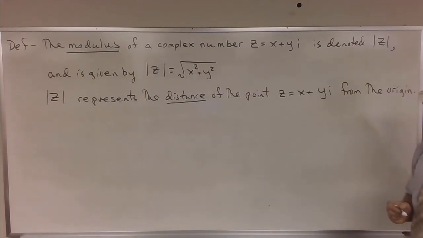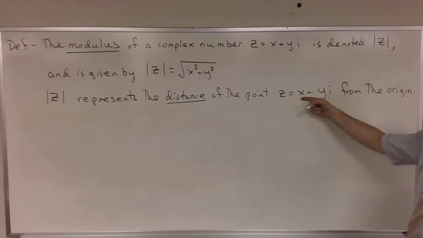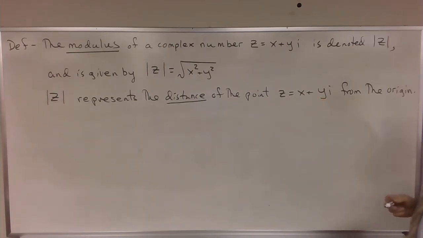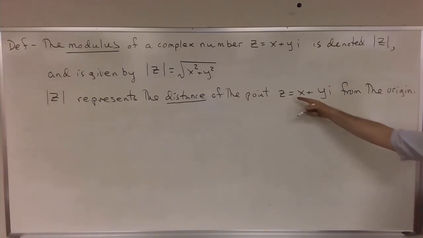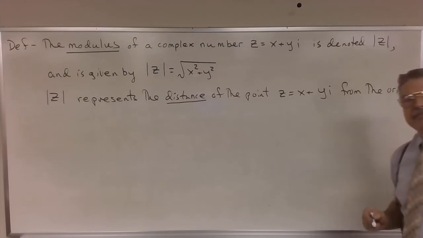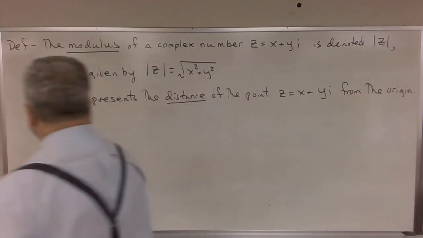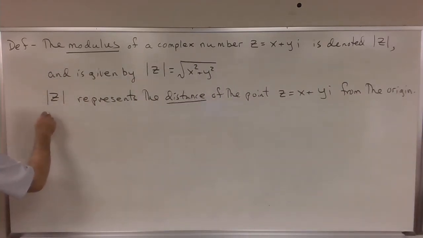The modulus of z represents the distance from the origin to this point z, or vice versa. The modulus is the distance of the point z from the origin. And let's make some sense out of that.